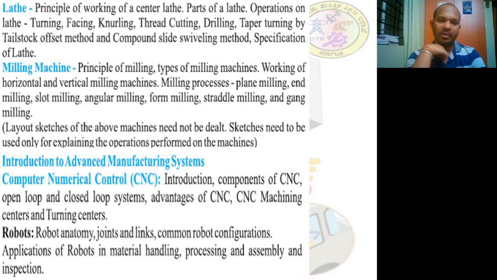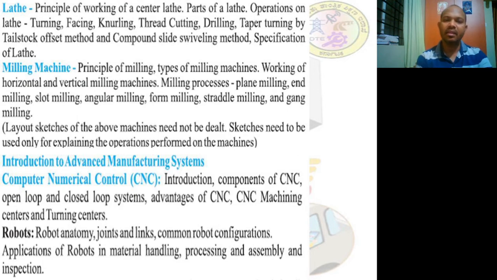Computer numerical control, as the name itself indicates, is controlling machine tools using a computer in which a series of numerical codings are used to control the working of the machines. In the introduction, we will discuss the basics of CNCs, and then the different components of CNCs.